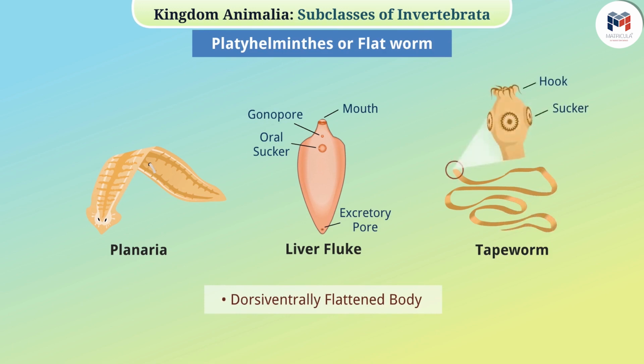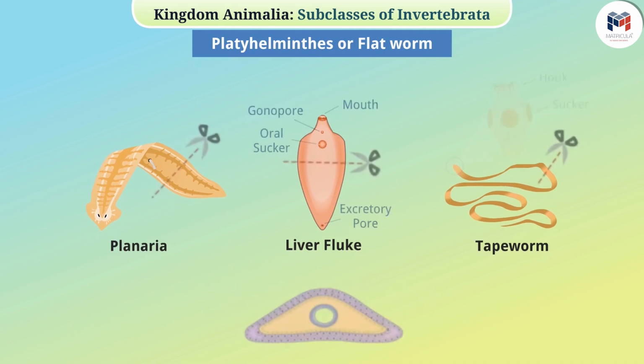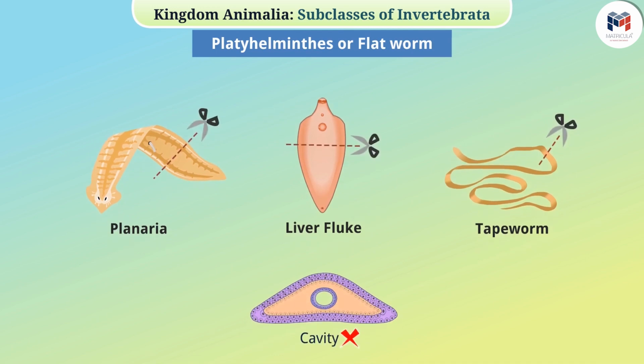Hooks and suckers are found in their body, with the help of which they remain attached to the host body. They do not have a cavity in their body, but the body can be divided into two parts such that the right and left parts exactly match each other, that is, their body is bilaterally symmetric.